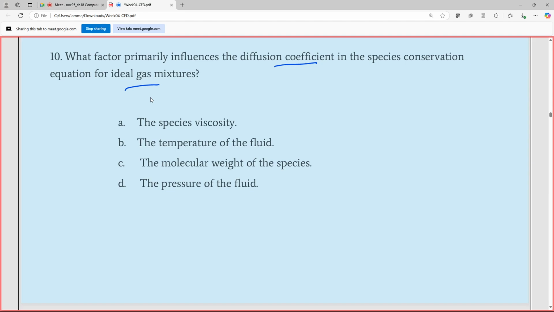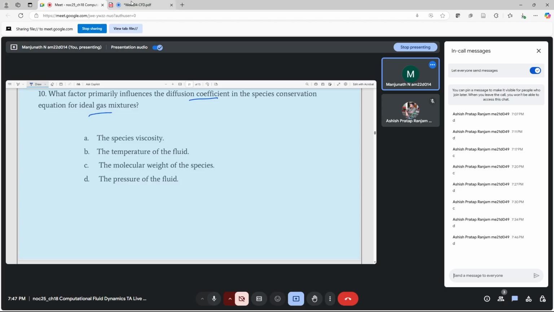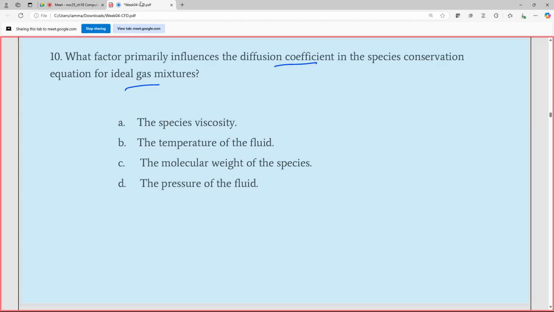You can invoke your answers. So we have already discussed what is diffusion coefficient.